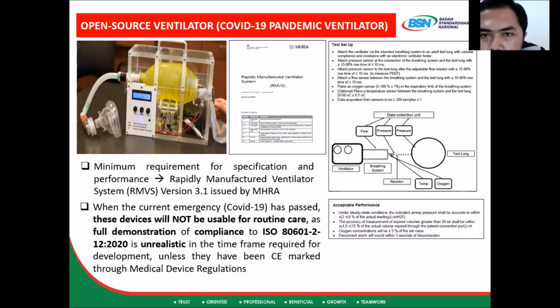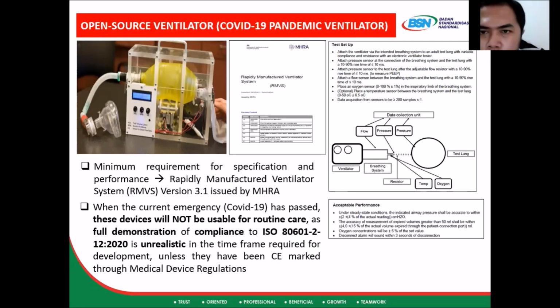However, with the test setup like in this slide, the ventilator is connected to the test lung. The test lung in this case is an artificial lung, not using the actual one.